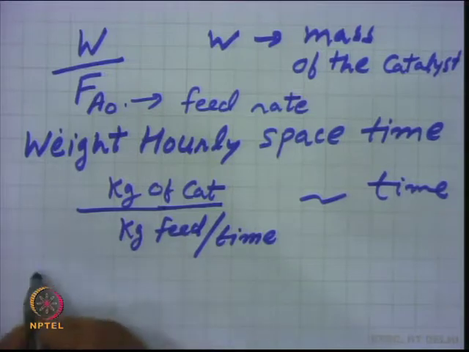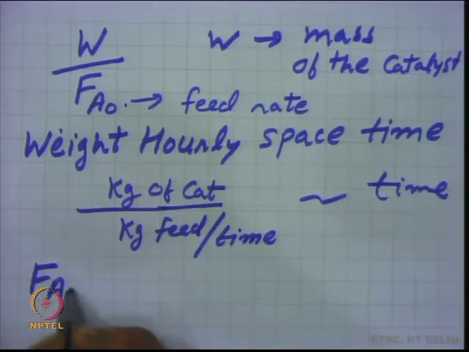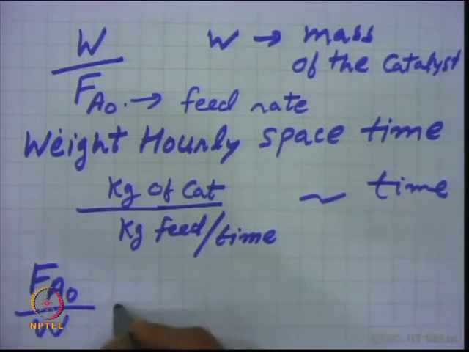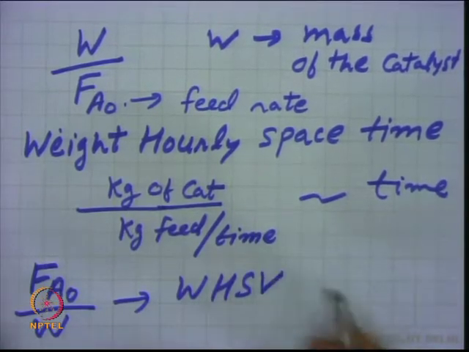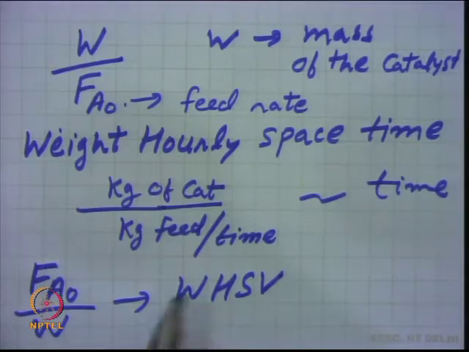Sometimes the inverse is also used, which is F A naught divided by W and called weight hourly space velocity. This is also an important design parameter and is especially used in trickle bed reactors or the hydrocarbon process industry, when the superficial gas velocity is used, and based on that the residence time or the space velocity can be calculated, which is known as either gas hourly space velocity or liquid hourly space velocity.